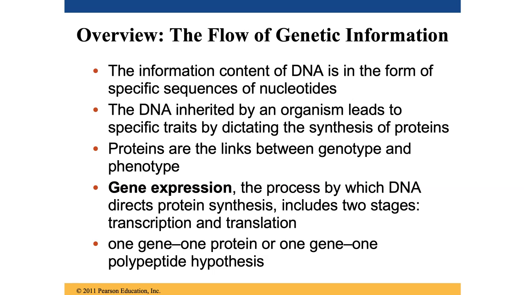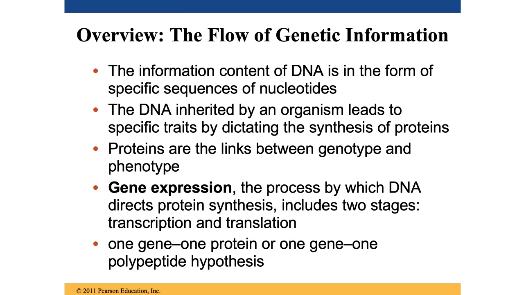So as we know now, the DNA is probably the most important molecule in the body because without it, no other molecules would exist. The DNA is important because it is what contains our heritable information. It is our genetic material.